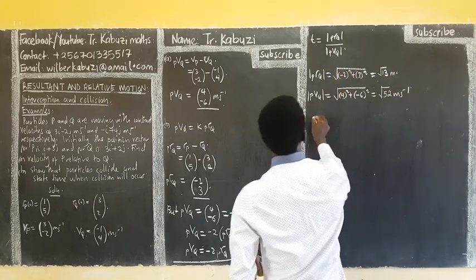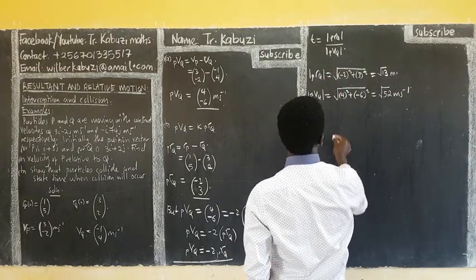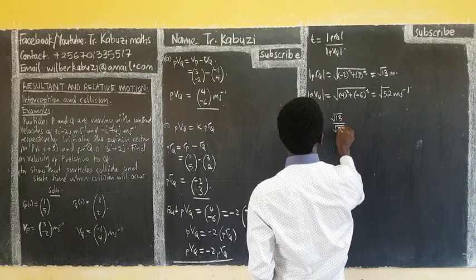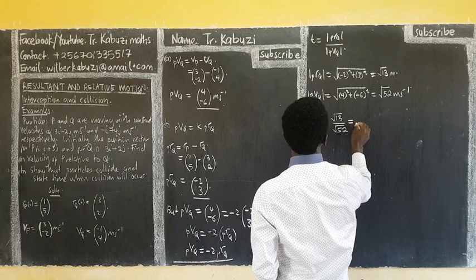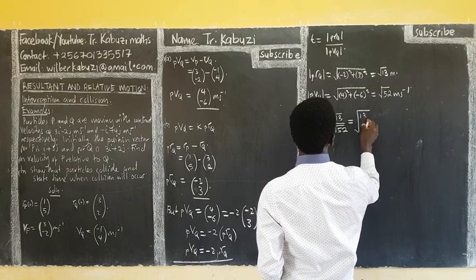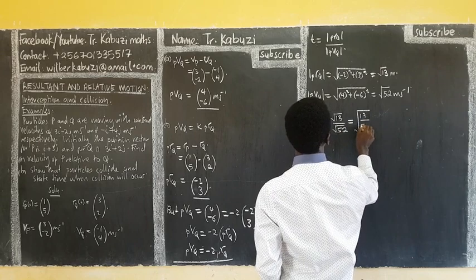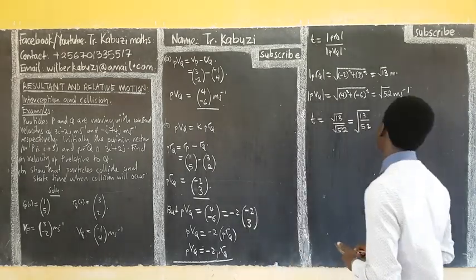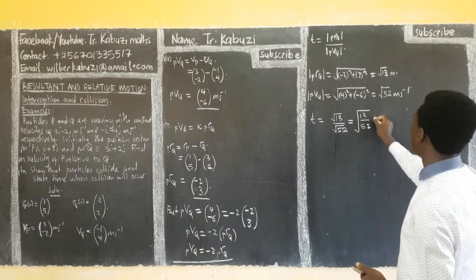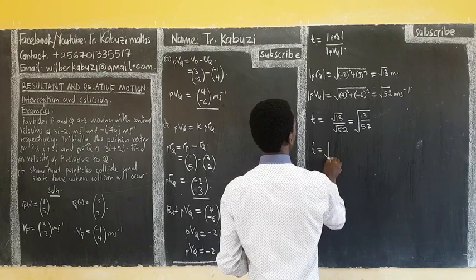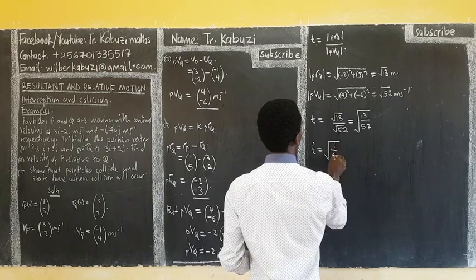So our time there is going to be root 13 divided by root 52, which you put under 1 root, 13 over 52. I think we can see that 13 goes into 52 4 times, so our t there is going to be the root of a quarter.